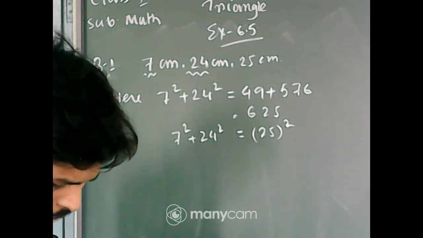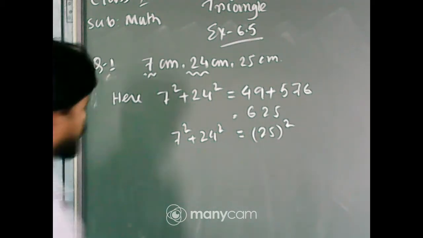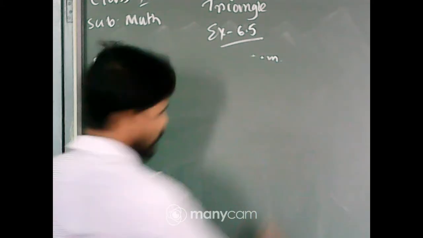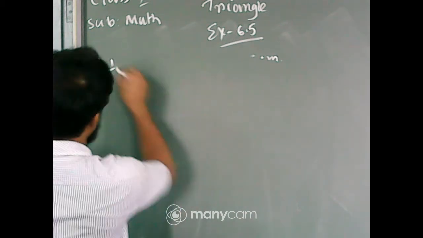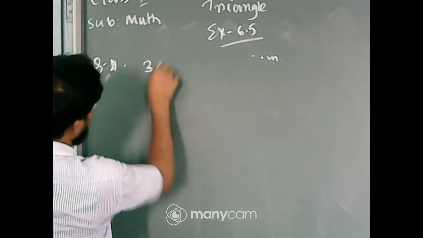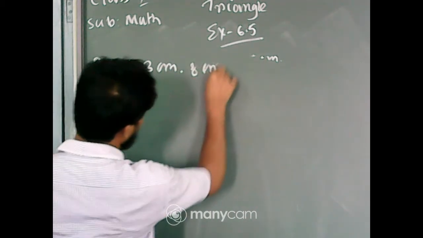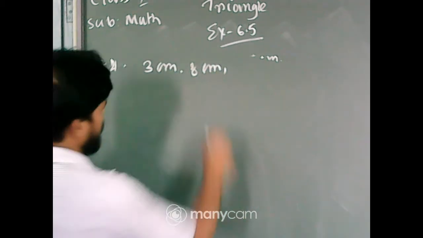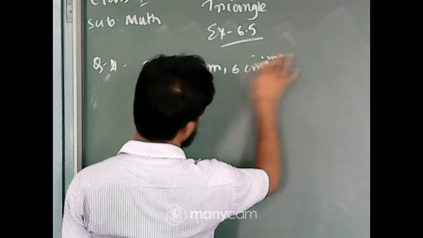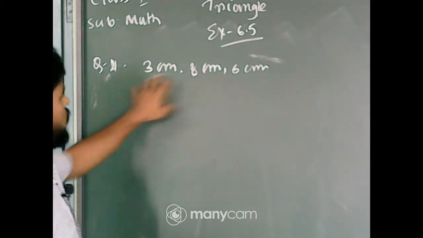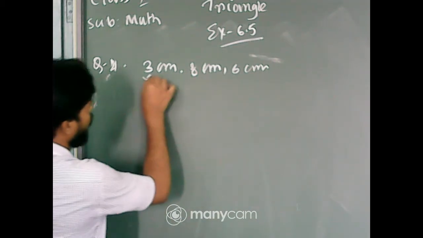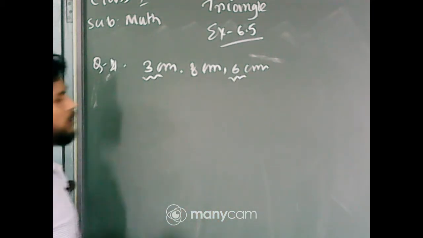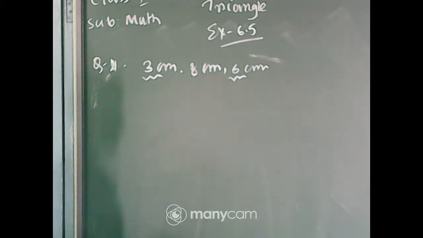Okay, do you get it? Let us solve another problem, question number 2. The sides are 3 centimeter, 8 centimeter and 6 centimeter. We have to check whether the triangle formed by these 3 sides is a right angle triangle or not. First we find the smallest 2 sides, 3 centimeter and 6 centimeter, find the squares of these 2 sides and add them.